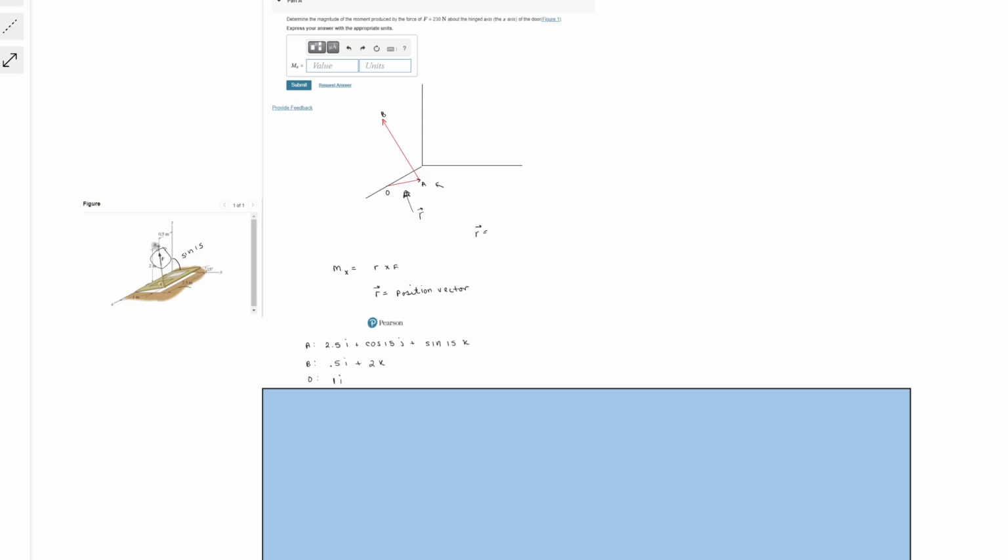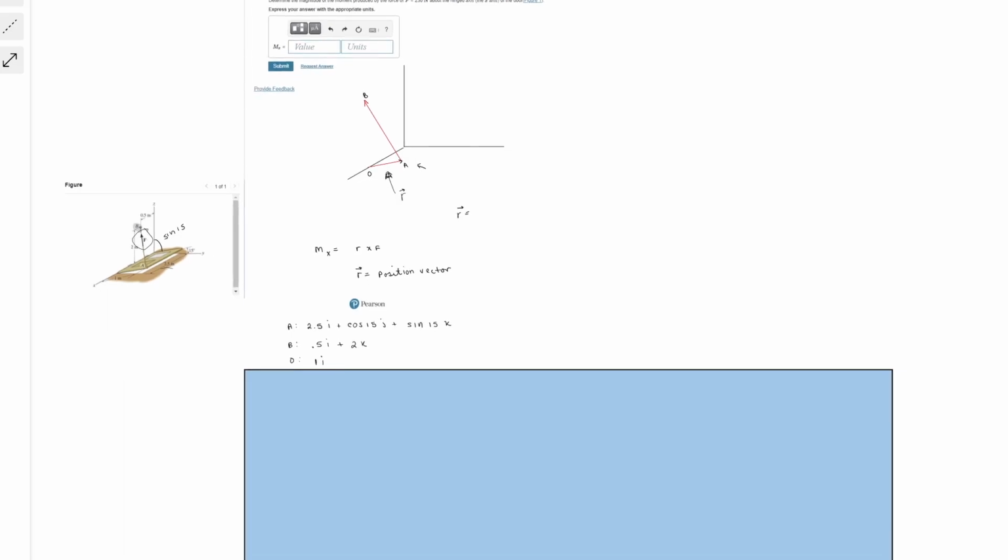Okay. And then we do the same exact thing with point B. And as we can see, point B, it's 0.5i. It's right here. And it doesn't have a j because it doesn't have anything to do with the y, because it's in the XZ plane. It's not in the Y plane at all.